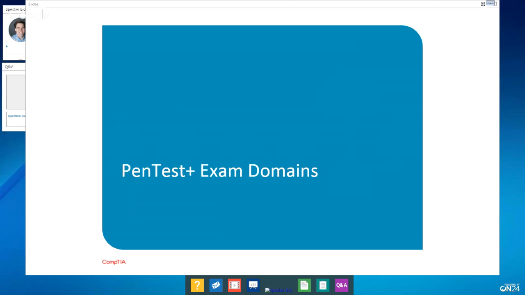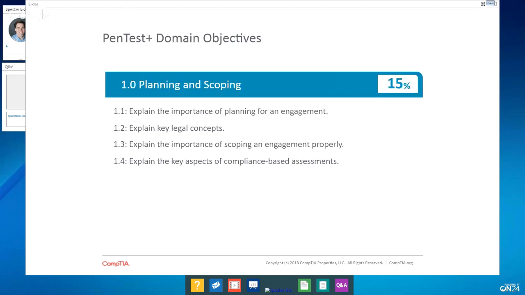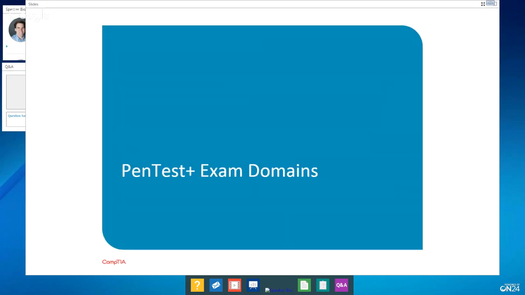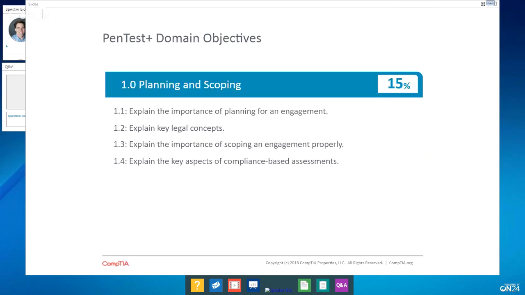All right, let's cover the PenTest Plus exam domains. I'm going to go over this quickly, but this is going to give you a really good idea of what to expect. As I mentioned before, domain 1 is planning and scoping, and this is talking about the legal concepts, making sure that you have done your proper planning for the engagement so that you don't run into any legal issues.